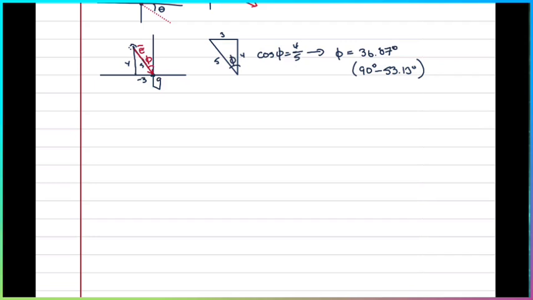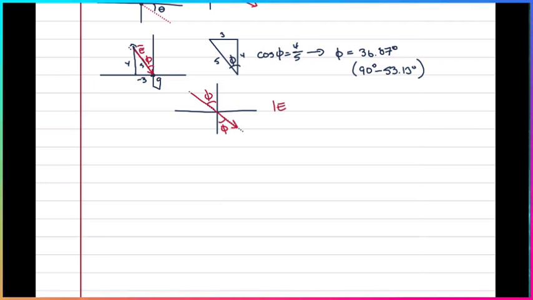So I have, let me redraw the axes again. Then I have my electric field. That's supposed to be red, oh well. So I have my electric field that's kind of pointing in this direction. And I've just calculated this angle phi, which then, by geometry, looks like that's the same as this angle.